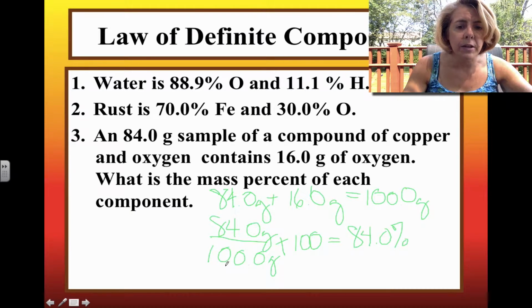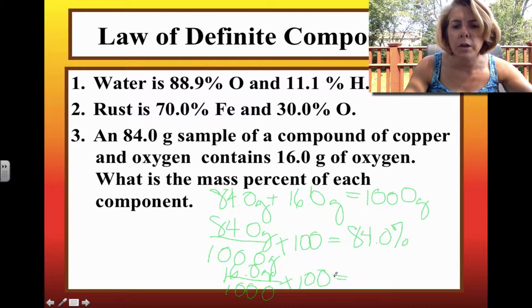And then the second percentage will be 16, because when you take 16 divided by 100 times 100, that gives you 16%. Another shortcut would be just to take 100 minus 84, and that'll give you the same value.